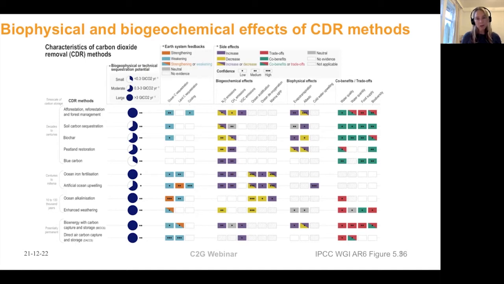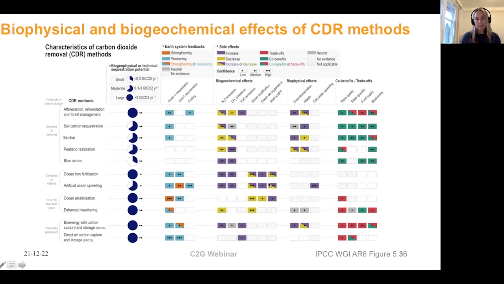And the core of the Working Group 1 assessment focuses on the biophysical effects of these methods. So biophysical effects are effects on evapotranspiration, for example, or on the reflectivity of the Earth's surface, which is referred to as albedo, which in turn affect the temperature at the surface, and on biogeochemical effects, which are related to emissions of greenhouse gases such as nitrous oxide and methane, for example, or in the ocean on effects such as ocean acidification.